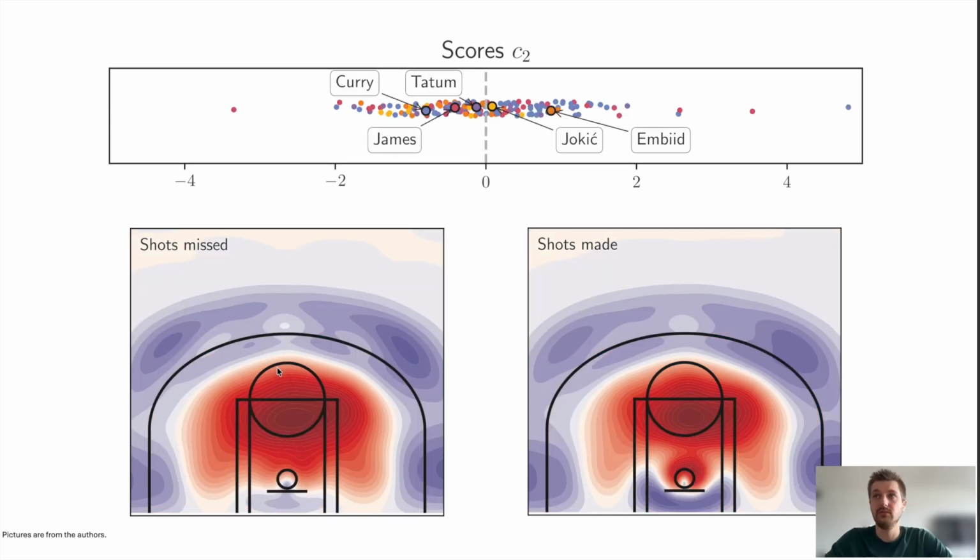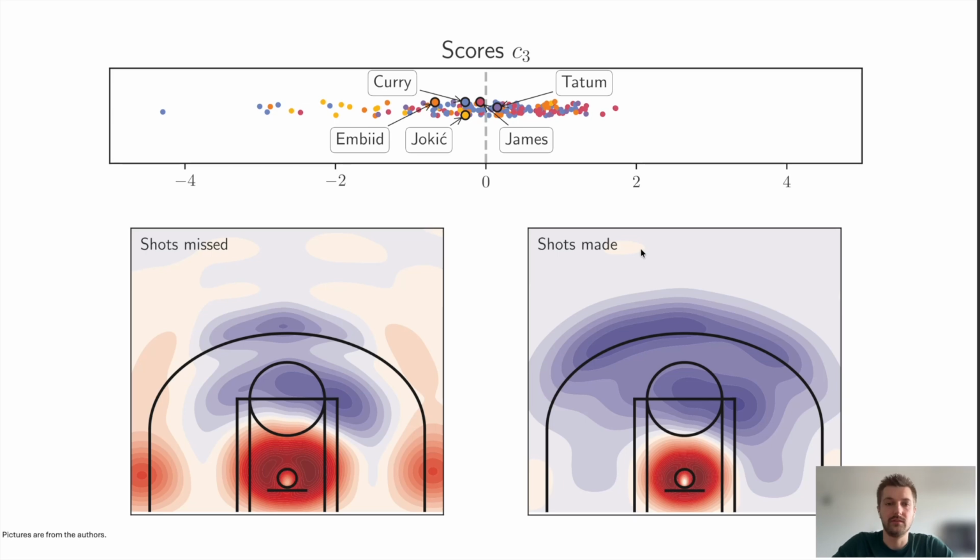I can do that for every function that I got. For the second one, you see that Embiid is a player who doesn't shoot far from the basket, so he will have quite a large coefficient for this function.